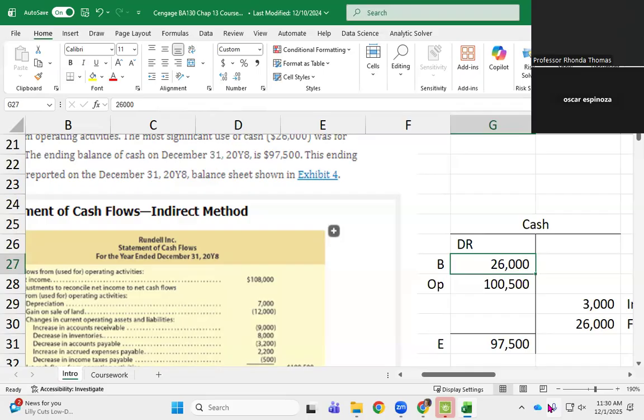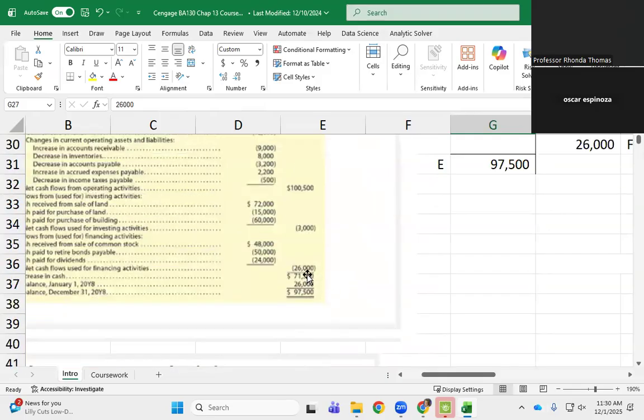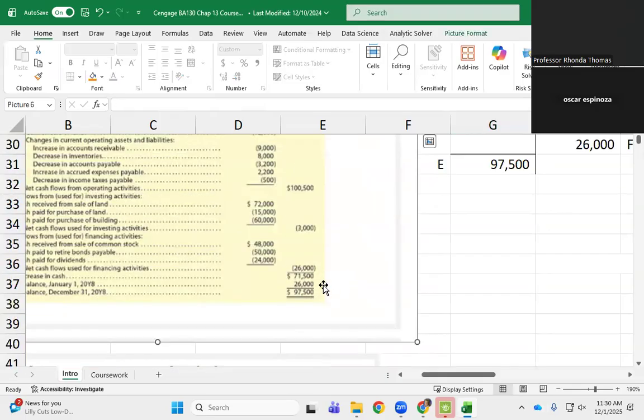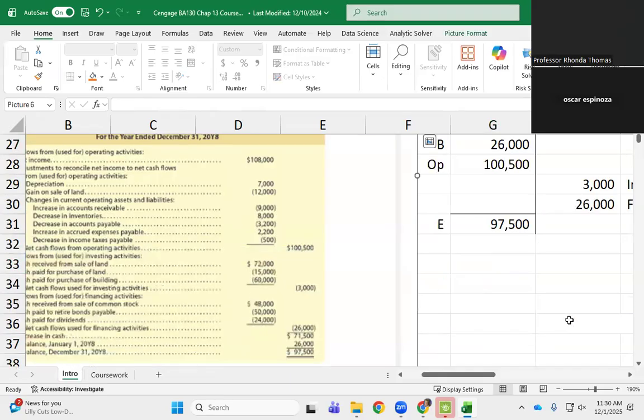What caused that to happen? Well, you say, that's a difference of, and yes, there is a difference. How much was it? You can see it right here on the statement. It's a difference of 71,500, but that 71,500 going up in cash was actually a combination of three things.